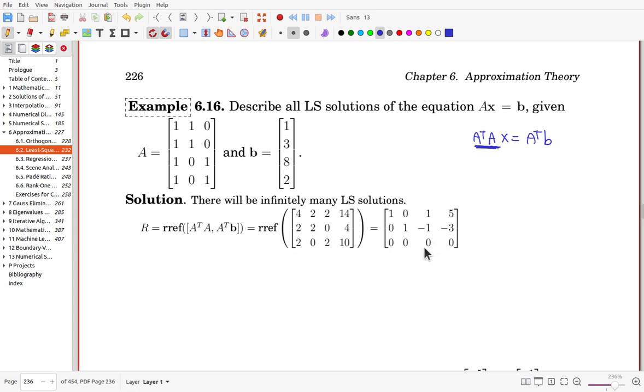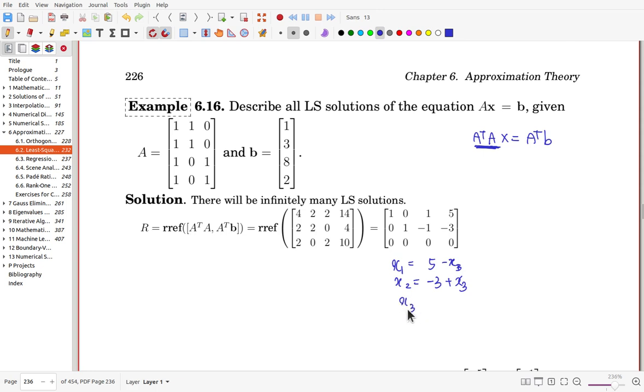The first line means x1 plus x3 is 5, so we can write x1 is 5 minus x3, moving this to the other side. The second row is saying x2 is minus 3 plus x3.